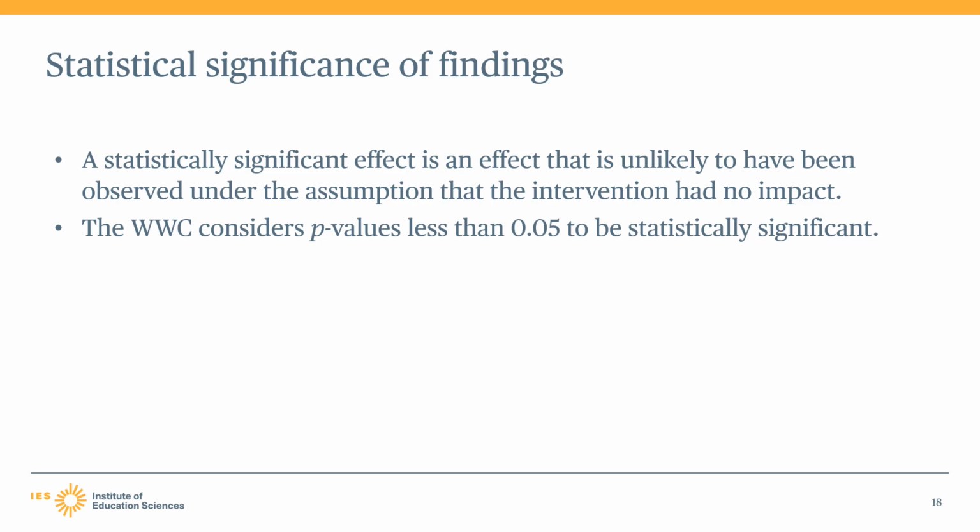The WWC follows a standard convention that labels a finding as statistically significant if the probability of observing an effect that is at least as large as the measured effect, under the assumption that the intervention had no impact, is less than 1 in 20 or 5%.